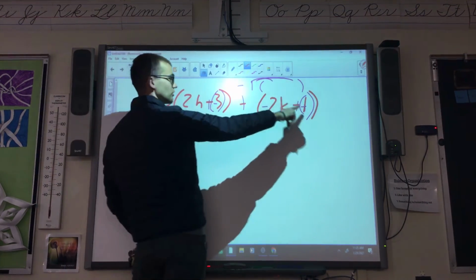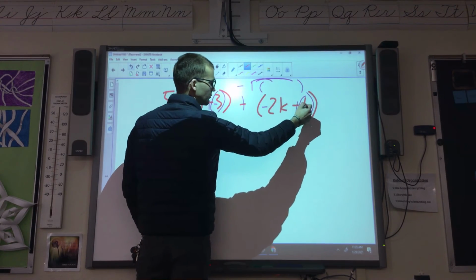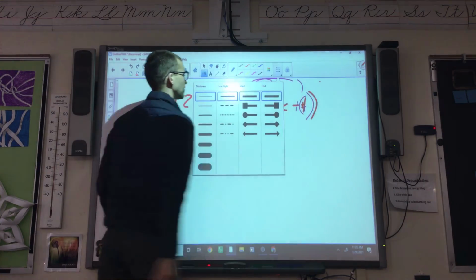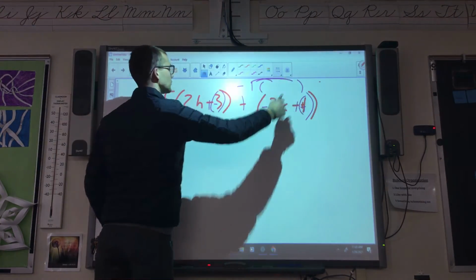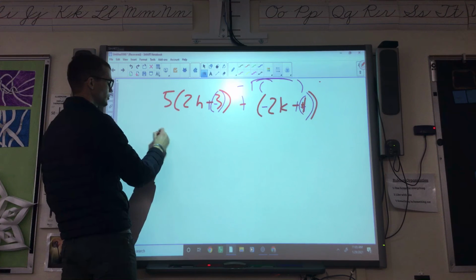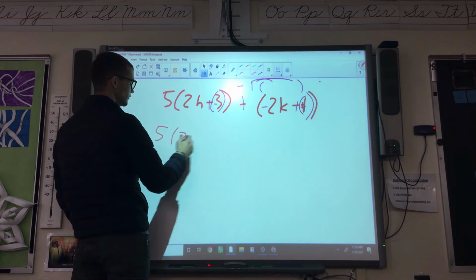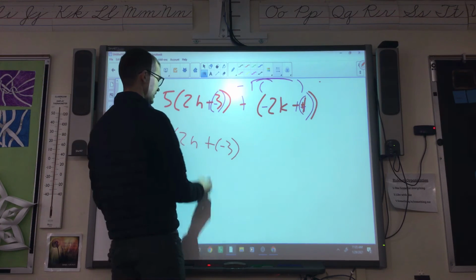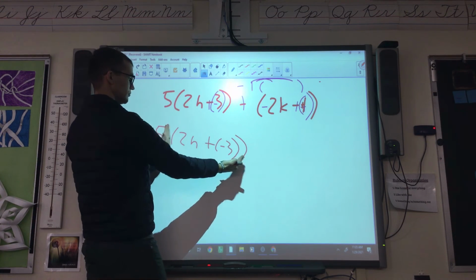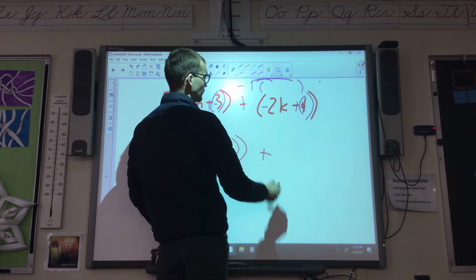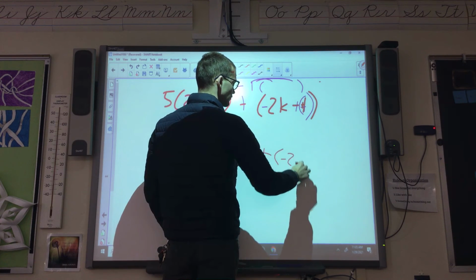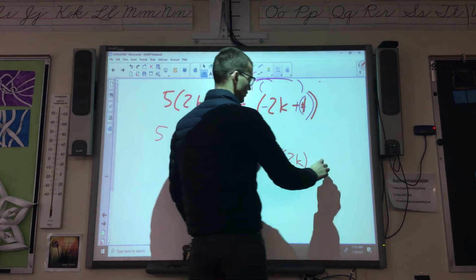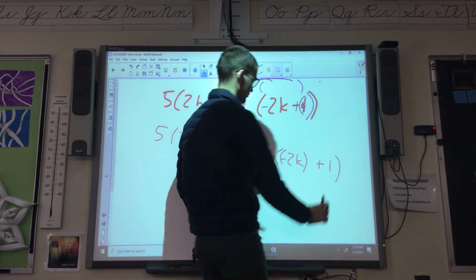So my recommendation is to do this right here, and I didn't show that very well. Oh, I'm gonna change back to the thing. Come on, you're done. Okay. So now I'm just gonna rewrite what I have right here: minus 5 times 2h plus a negative 3, and actually I have to put another parenthesis here, plus a negative 2k, and I can even put that in parentheses, plus 1.